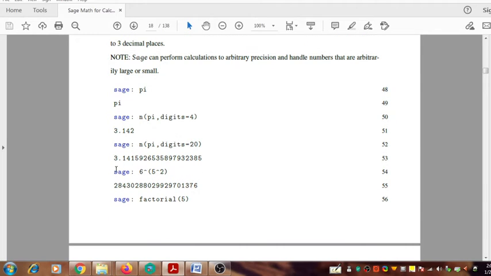Another example: if you write n of pi with digits equal to 20, you can count the number of decimal places.